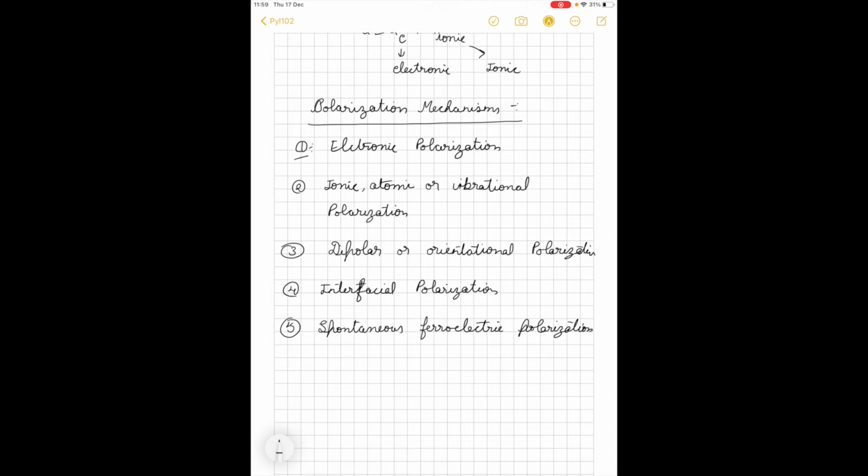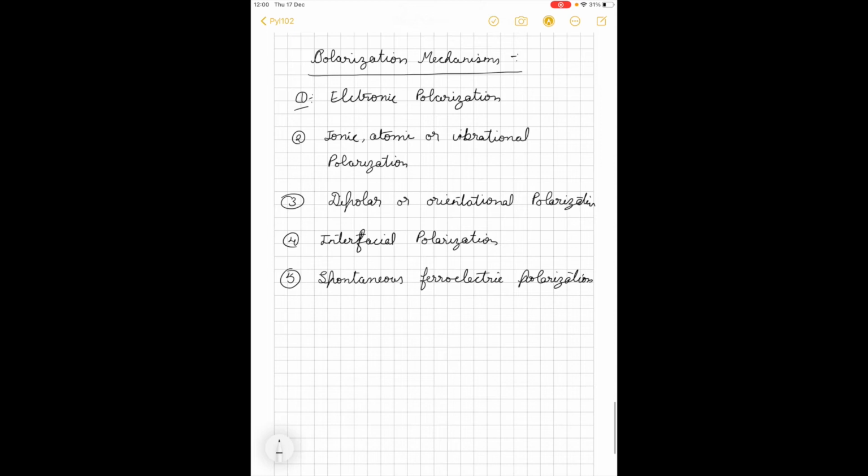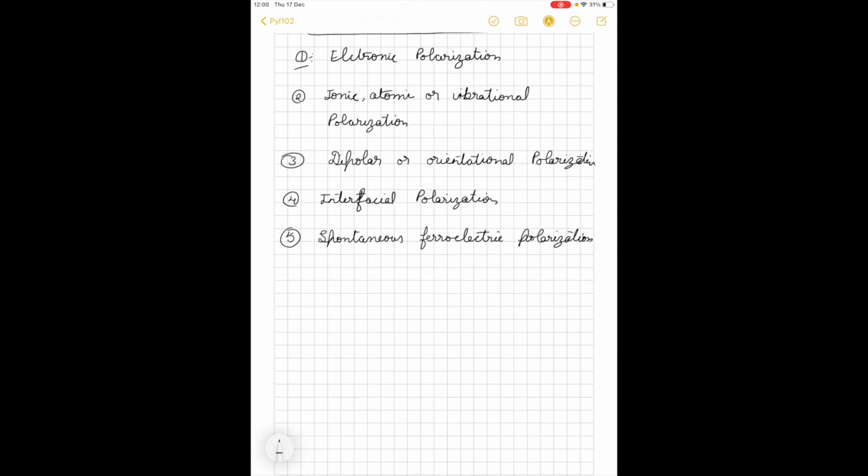All these characteristics of the material tell you which of these 5 polarization mechanisms you are going to have in the dielectric material. I'll briefly discuss them one by one, not rigorously with derivations, but just to give you a brief idea of how these mechanisms work.